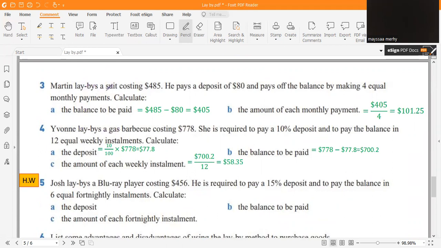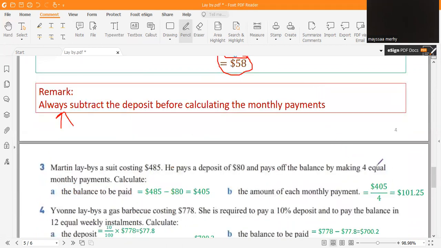Okay, like Martin lays by a suit costing $485. He pays a deposit of $80 and pays off the balance by making four equal monthly payments. So the balance to be paid is equal to the original cost of the suit, and we subtract from it the deposit to obtain the amount $405.